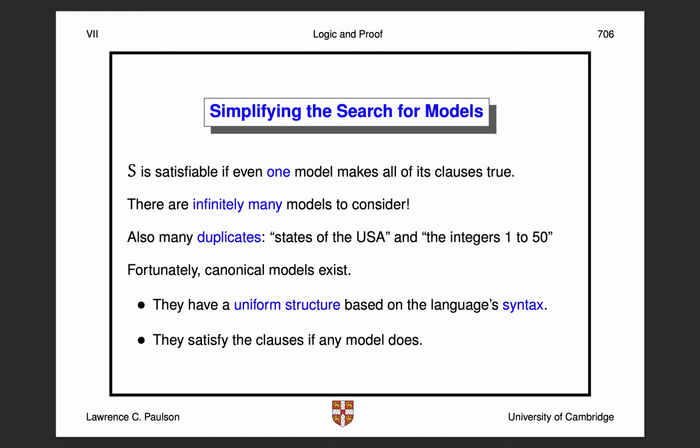So how do we avoid dealing with all these duplicates? It turns out we can construct canonical models so that for every set of clauses we can create one single unique model, provided a model exists to begin with.